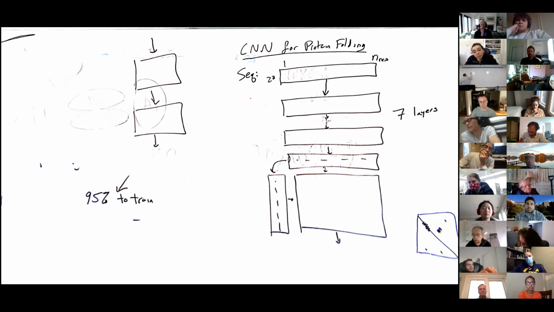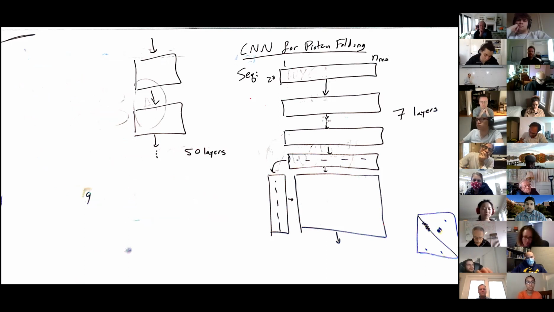Jinbo Zhu and Jeff Ruffalo, we use about 50 layers, 51 layers in DeepH3, and then end up with this square. And from there, the last layer, I want to actually predict those distances.